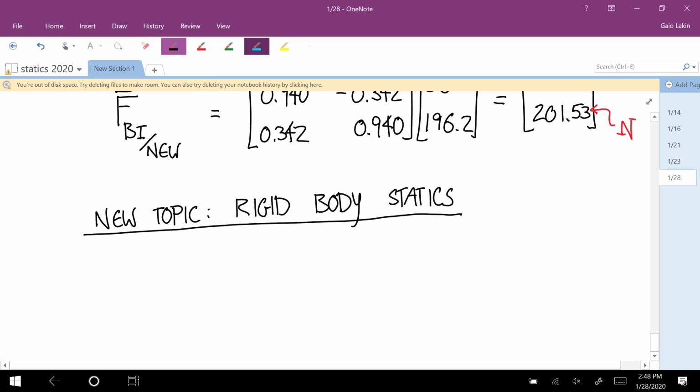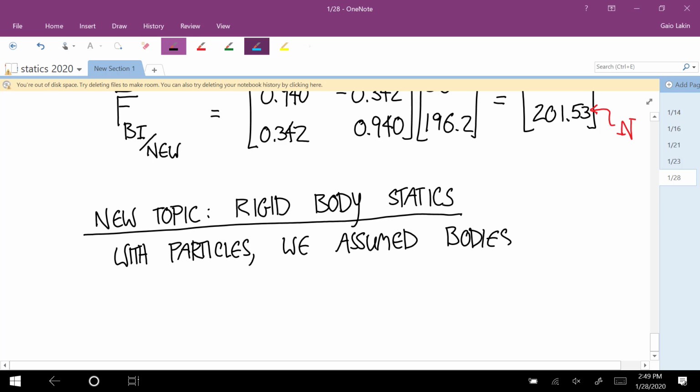So with particles, we assumed that we treated the bodies like they had no length dimensions.